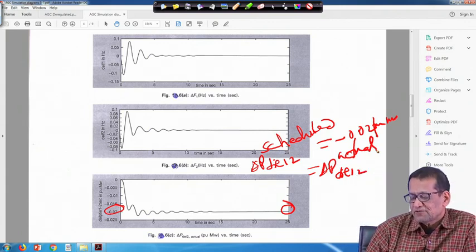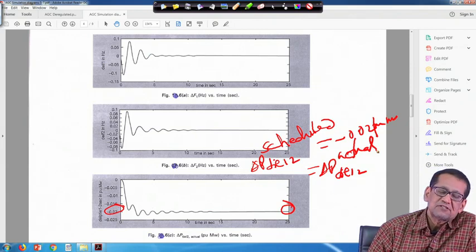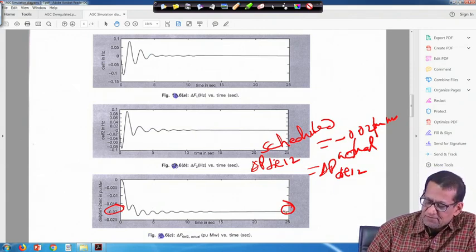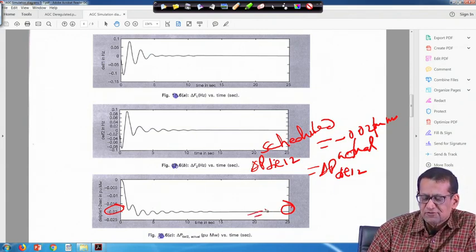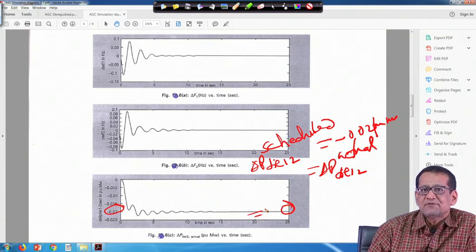So, delta P tie 1 2 actual will be delta P tie 1 2 schedule power, that is minus 0.02. This is just to give you a feeling of the dynamic simulation.